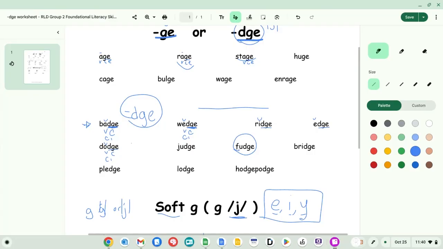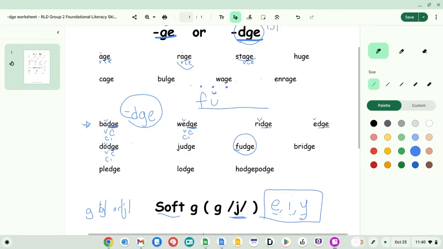So we could draw the dots. We could say fuh, u, j. And then we want to attach those letters. So it would be F, U, and then we want our students to think, what spells J at the end of a word?